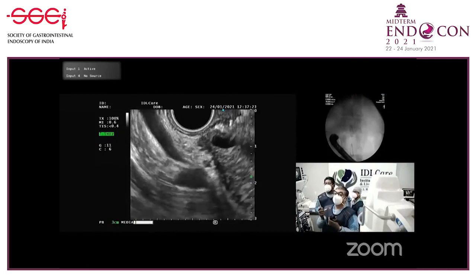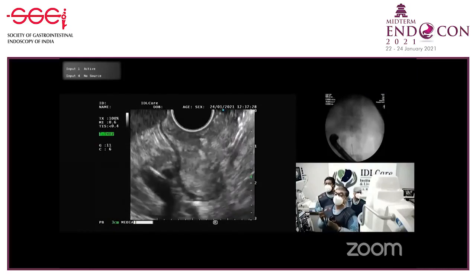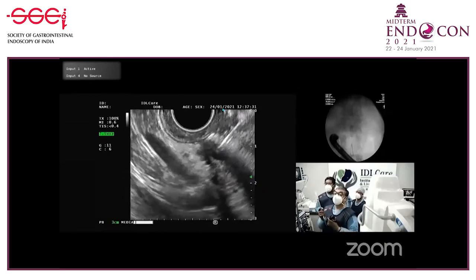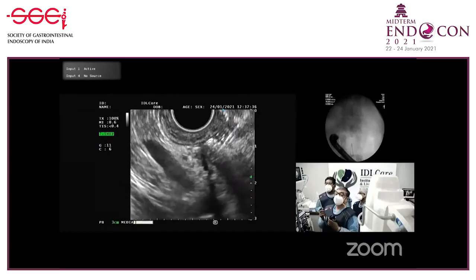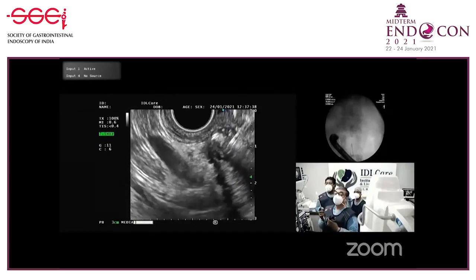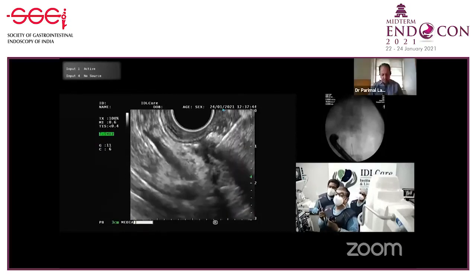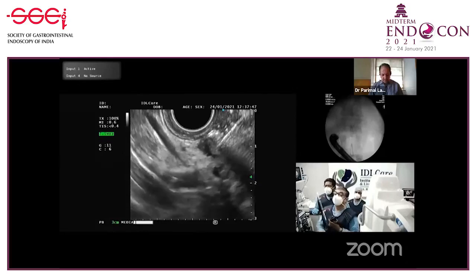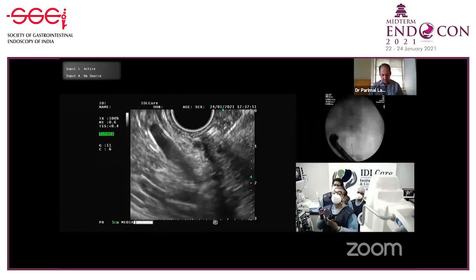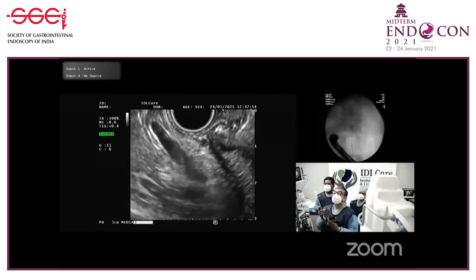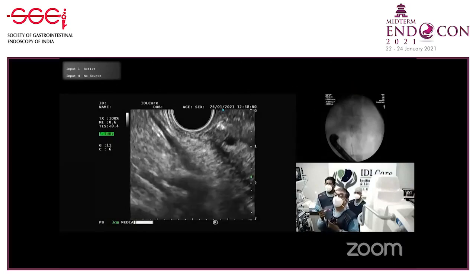It's not going. You see, it's really pushing the duodenal wall. Not good, but I am still not in. There are a lot of folds here which are preventing my needle from going in the proper direction.